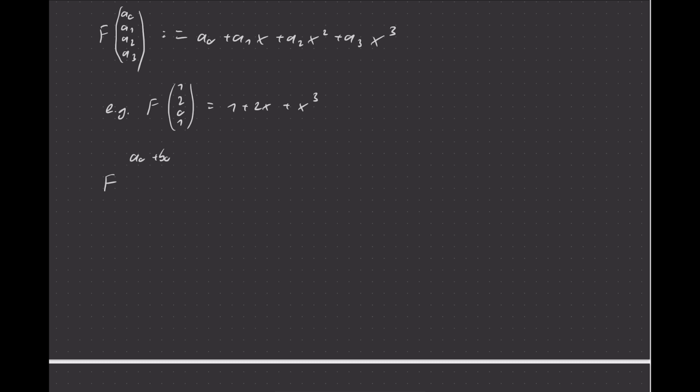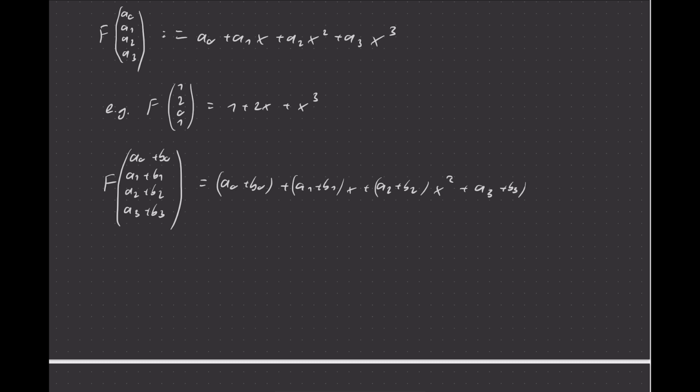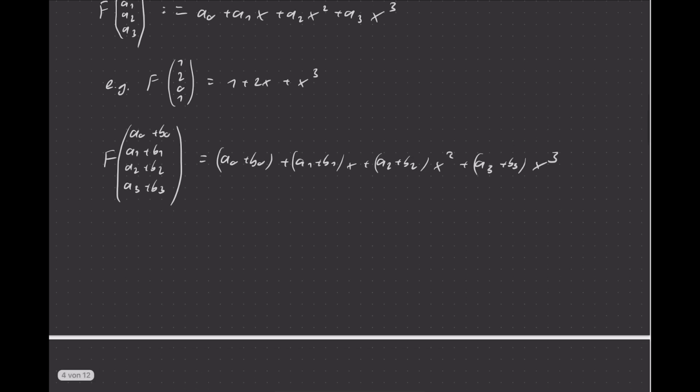So if you have f of a plus b, so we have f of (a0 plus b0, a1 plus b1, a2 plus b2, a3 plus b3). Then, by definition, that is (a0 plus b0) plus (a1 plus b1)x plus (a2 plus b2)x squared plus (a3 plus b3)x to the third. And of course, you can now go ahead and reorder that and rearrange that a little.